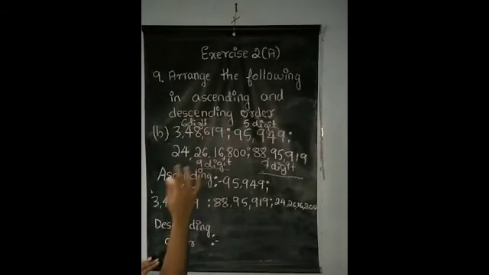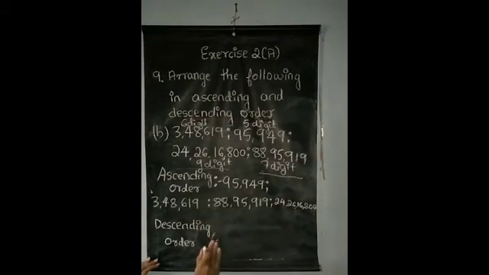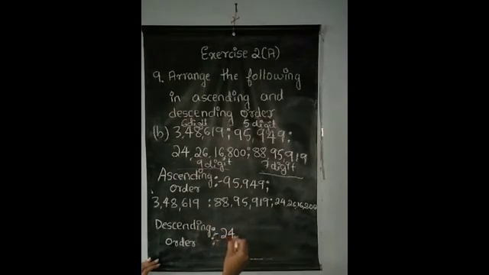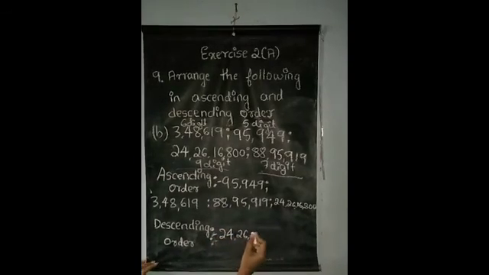Now we have to arrange these numbers in descending order. Descending order is just the reverse of the ascending order. So we have to write this number first. 24,26,16,800.